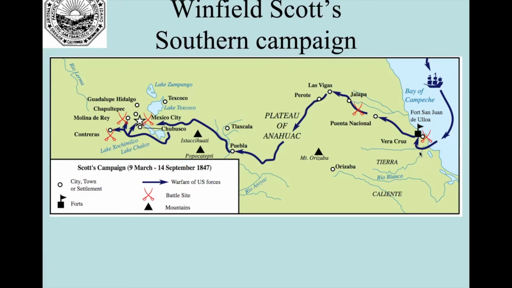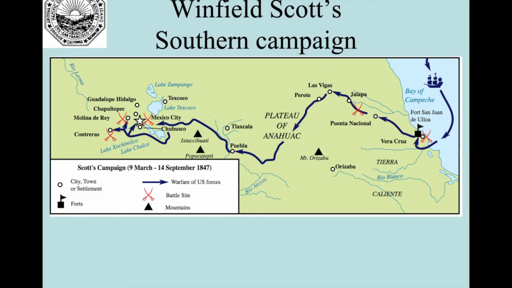So once Scott and this rather large army took Veracruz, they proceeded to march all the way to eventually Mexico City, having conflicts along the way, most of which did not last particularly long. One of the more important ones is this one at Chapultepec. I had to get that right. Chapultepec, maybe. Somebody will correct me on that because I know some of you guys speak Spanish. Although this is actually probably an Indian name, and I'll talk about that in a bit.